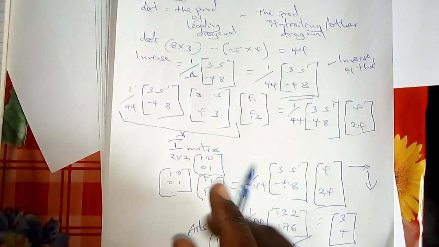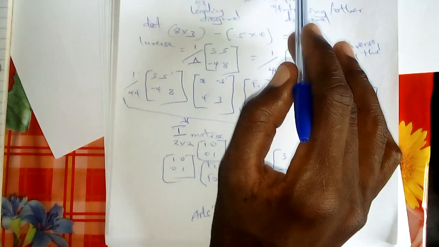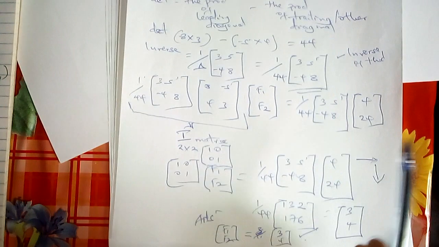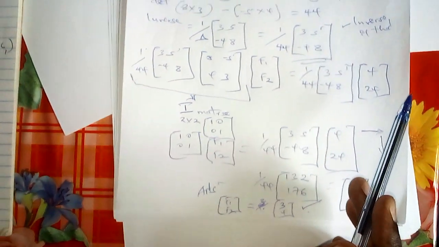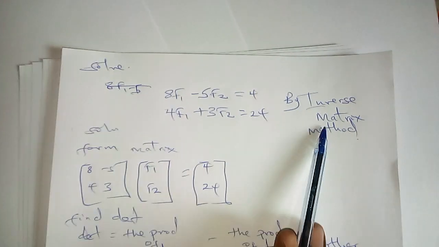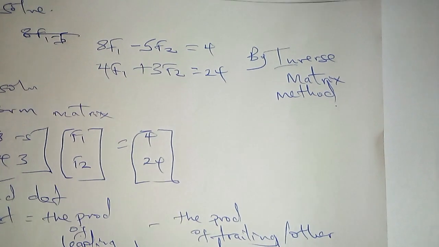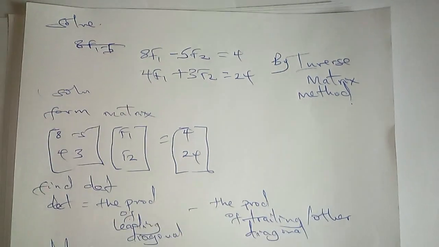Alternatively, you can use Cramer's method, or Cramer's rule, to solve the same simultaneous equation. We have solved using the inverse matrix method, but let us employ Cramer's method.